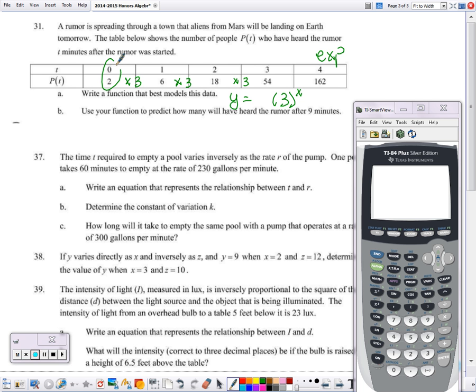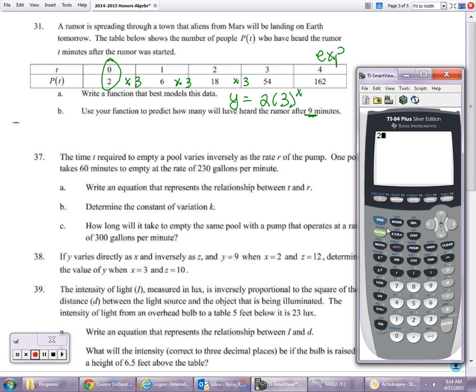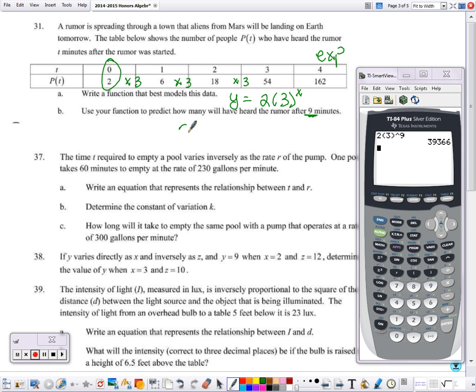B is 3. This is our a value. So now we're going to plug in 9 to x. That's 2 times 3 to the 9th. So 39,366 people.